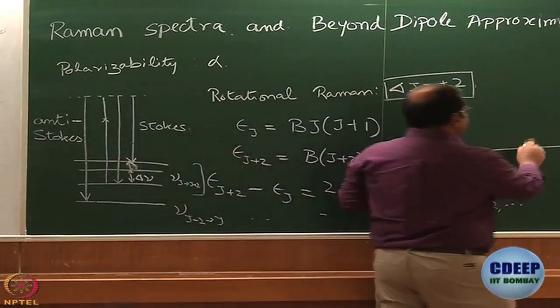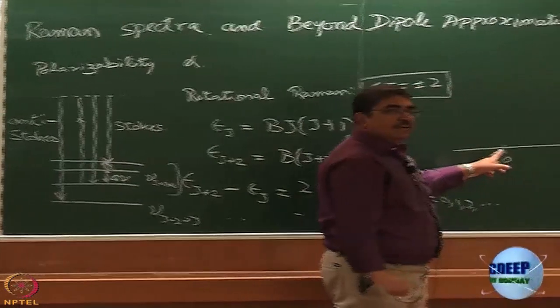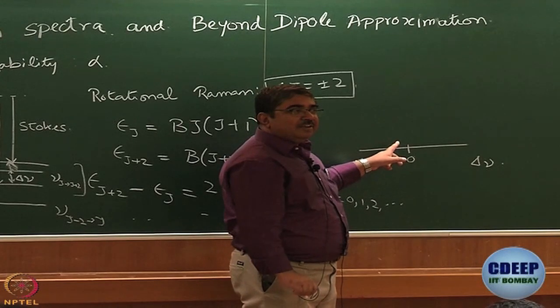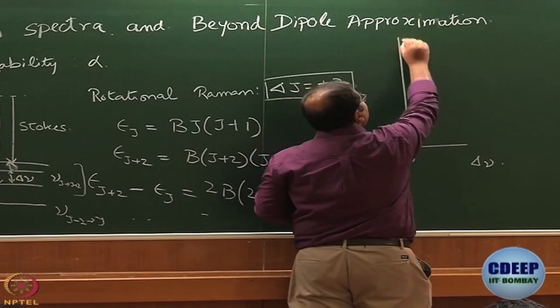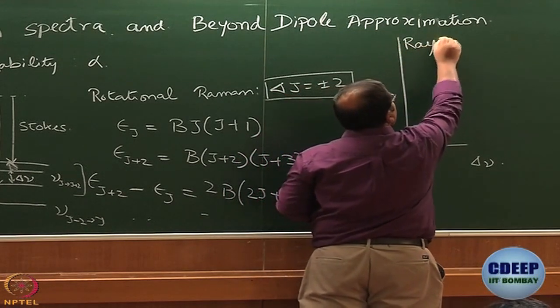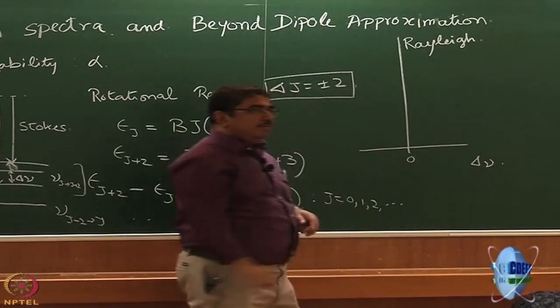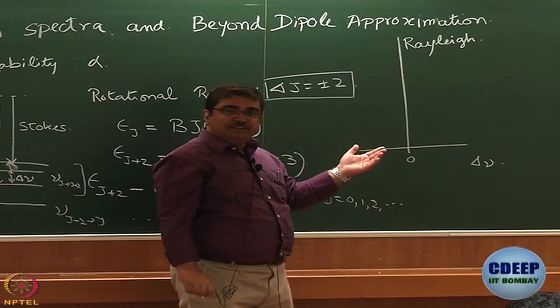So, delta nu 0, here do you have a line? Do you have a line at delta nu equal to 0? You do, and you have a very, very strong line, that is due to Rayleigh scattering. Okay. For Raman, when delta nu is positive, what is it?